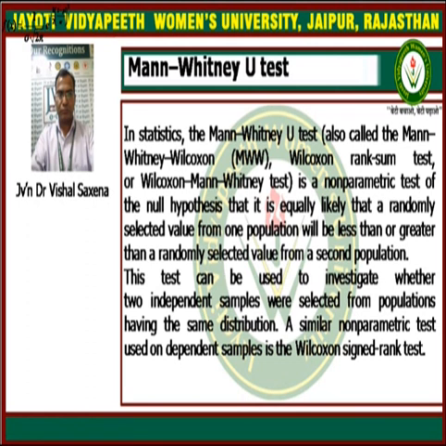In statistics, the Mann-Whitney U test, which is also called Mann-Whitney-Wilcoxon MWW, or the Wilcoxon rank sum test, or the Wilcoxon-Mann-Whitney test, is a non-parametric test of the null hypothesis that it is equally likely that a randomly selected value from one population will be less than or greater than a randomly selected value from a second population.